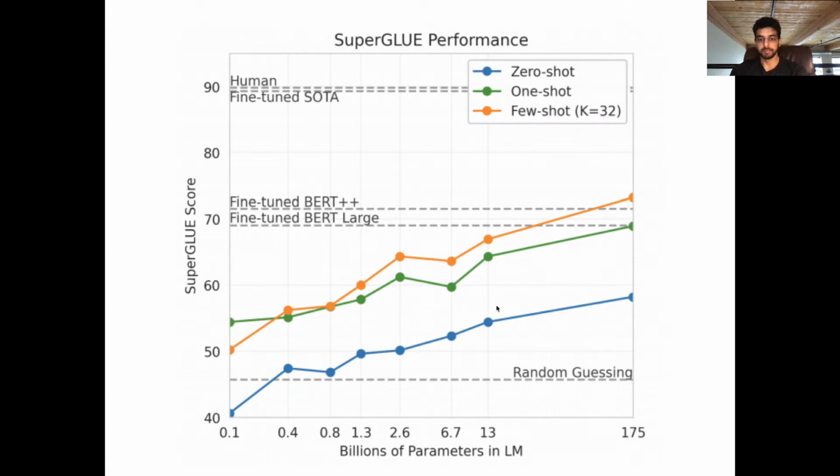But as you increase the model size, it starts to get better and better, eventually, for the few-shot learning setting, outperforming BERT-large fine-tuned on all of these training sets. Of course, the state of the art on this benchmark is much higher than these dashed lines. So there's a big gap there, but it is still impressive.